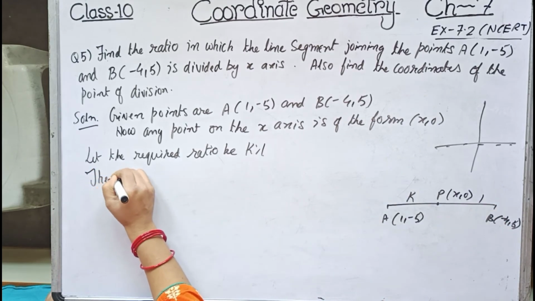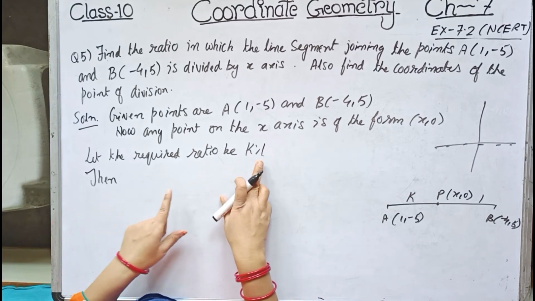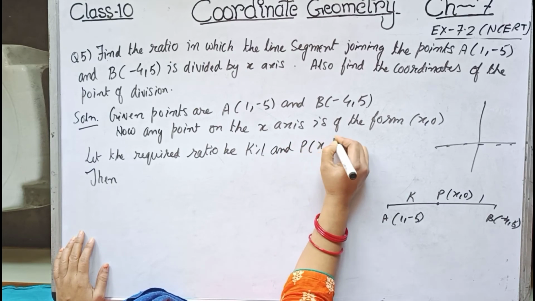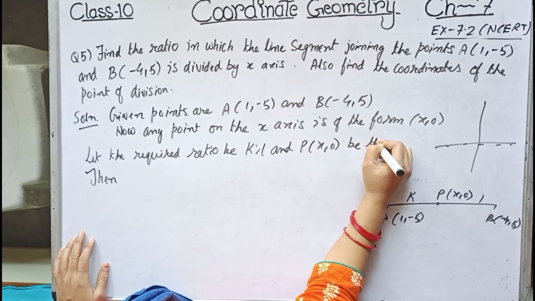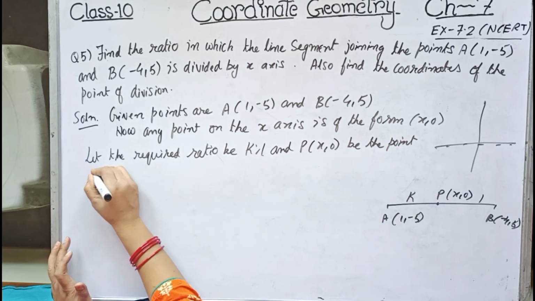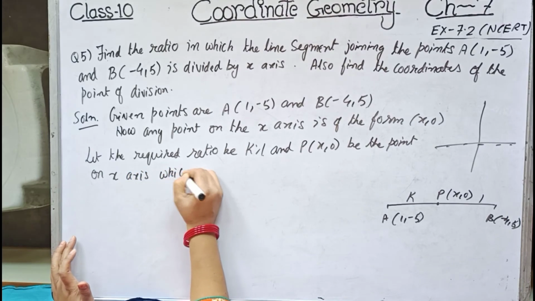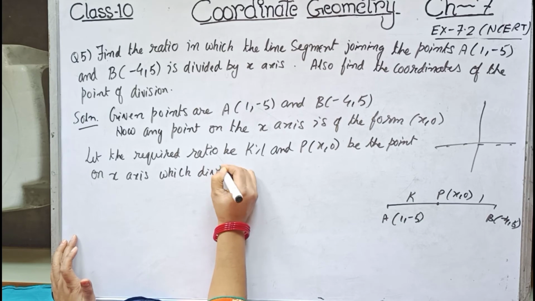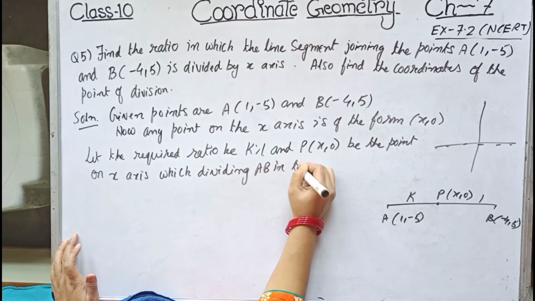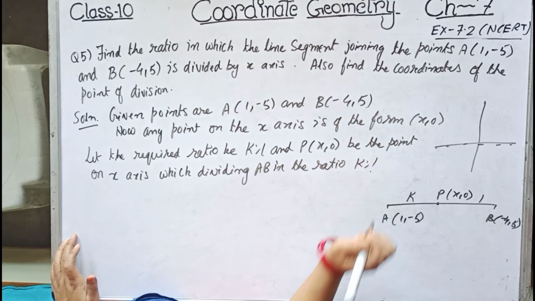Then let P (x, 0) be the point on the x-axis which is dividing AB in the ratio k is to 1.